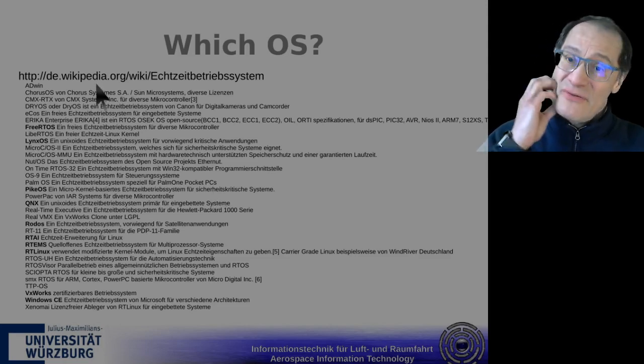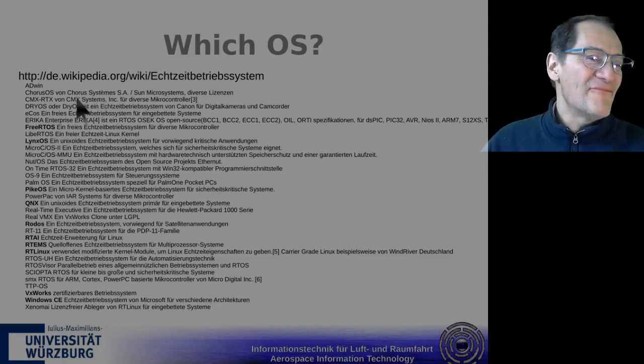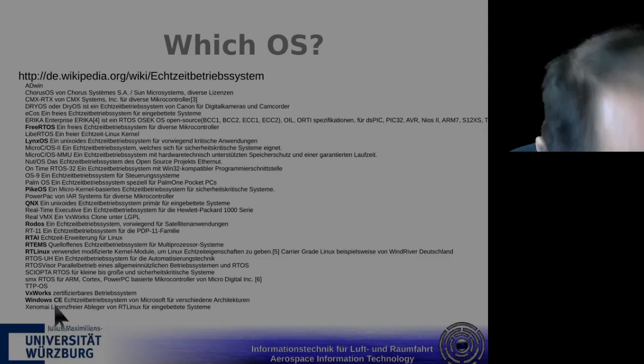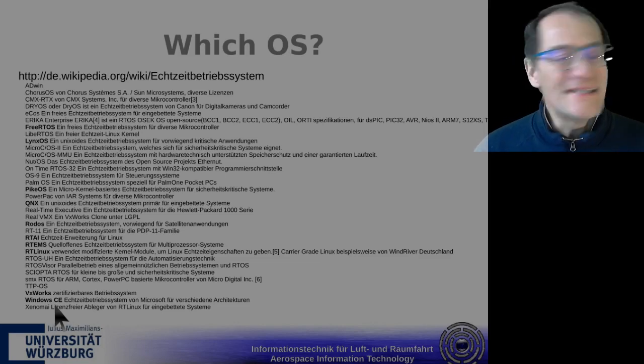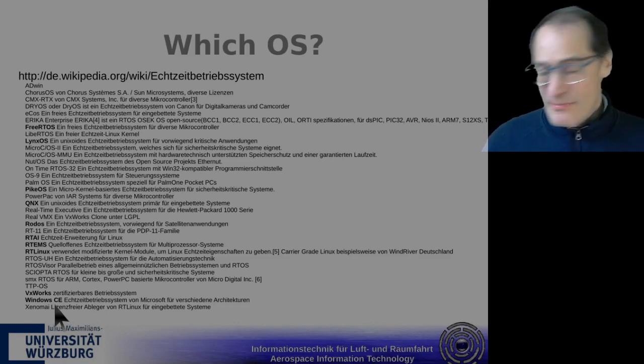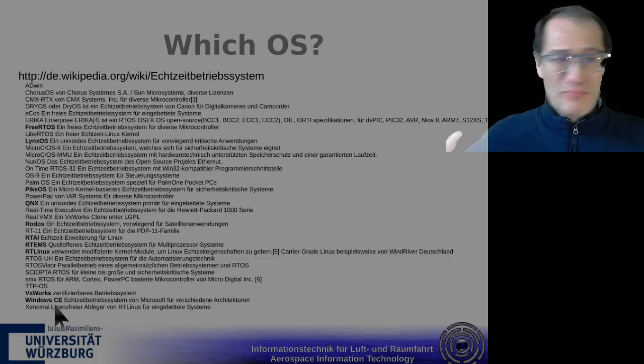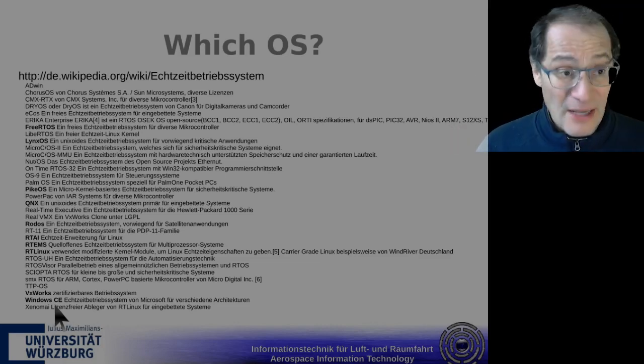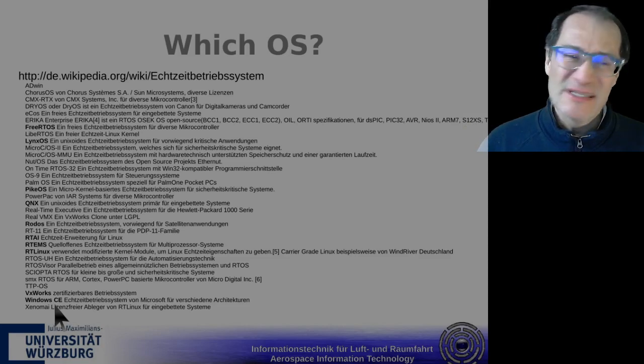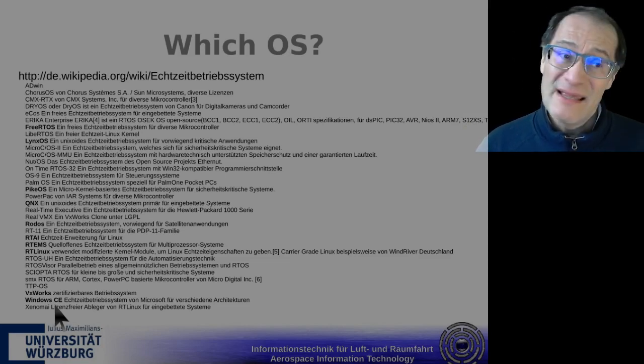If we take a look, for example, at Wikipedia, we find a very big list of real-time operating systems. For normal operating systems, maybe the list is not so big. Maybe you have some types of Linux, Windows, and Mac OS, and that's all. Only three. If you look for real-time operating systems and embedded systems, then the list will be really, really big.